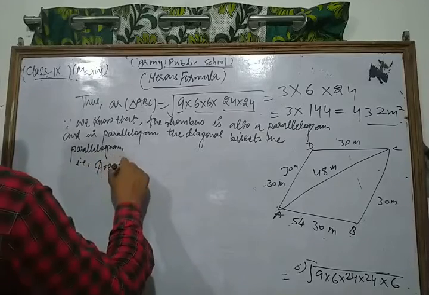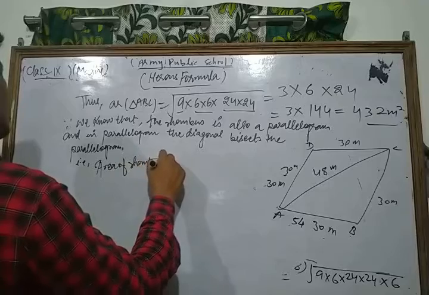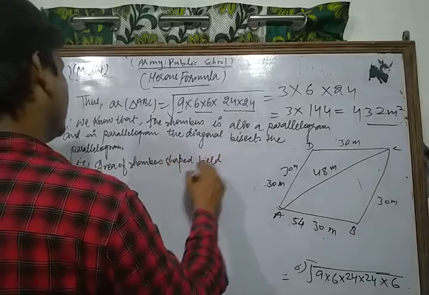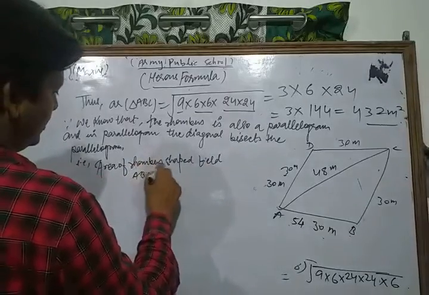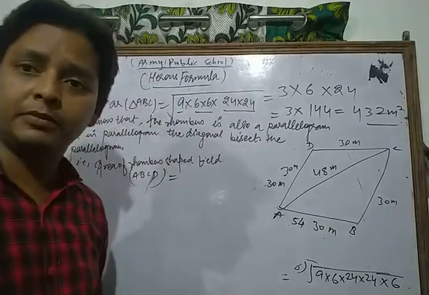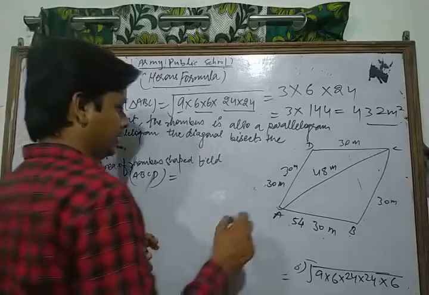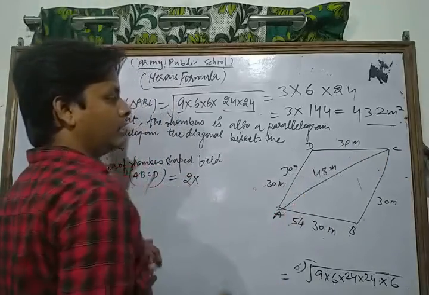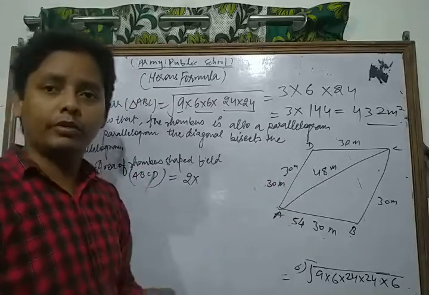That is, the area of the rhombus shaped field ABCD is what? Let's see. 2 times, because the diagonal of the rhombus bisects the rhombus, it means that it divides into 2 triangles of equal area.